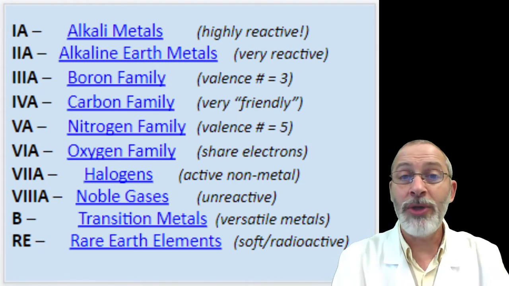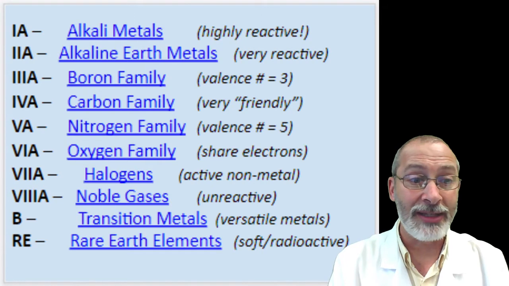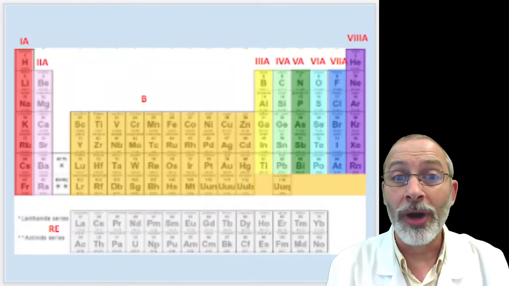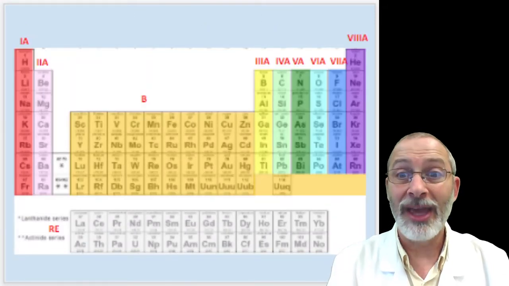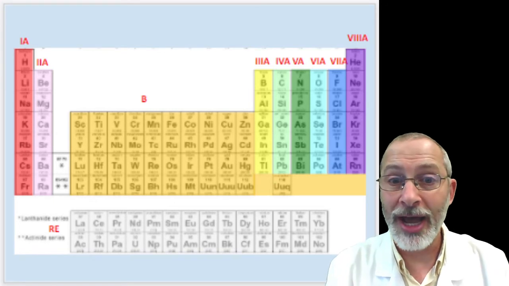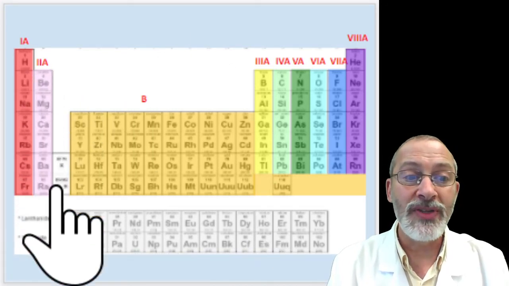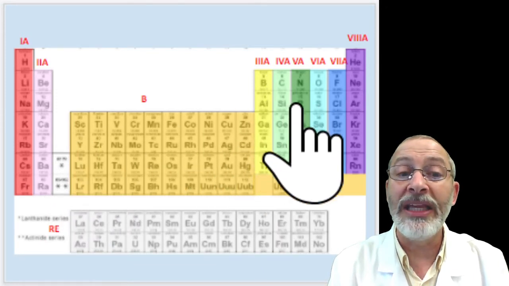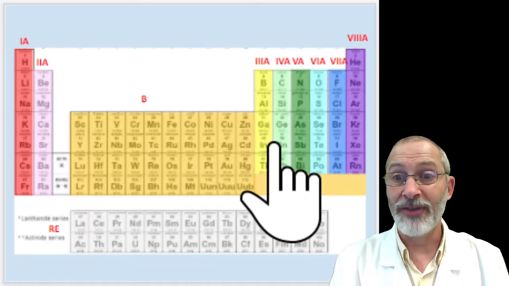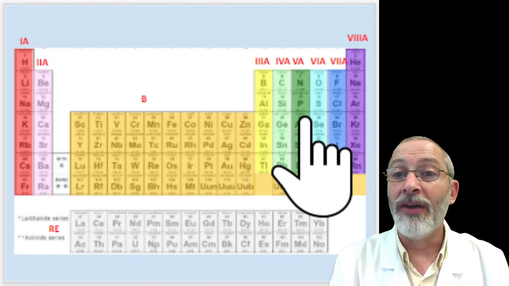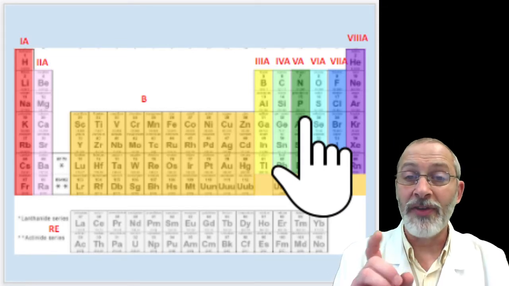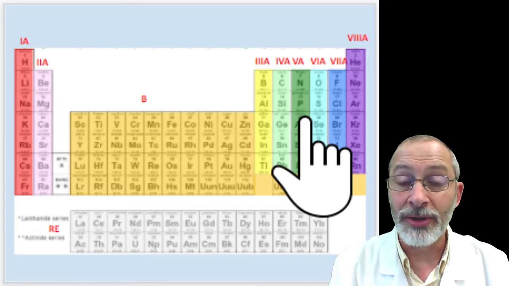So by the time you are finished with your periodic table, it should look more like this. A color-coded periodic table, and each of the colors represent the different family names and the different families of elements. Very important that you get this done correctly.